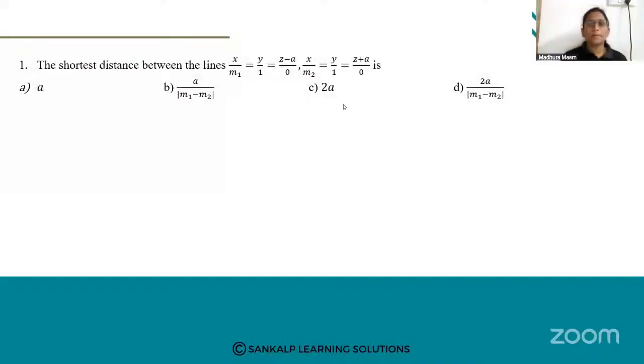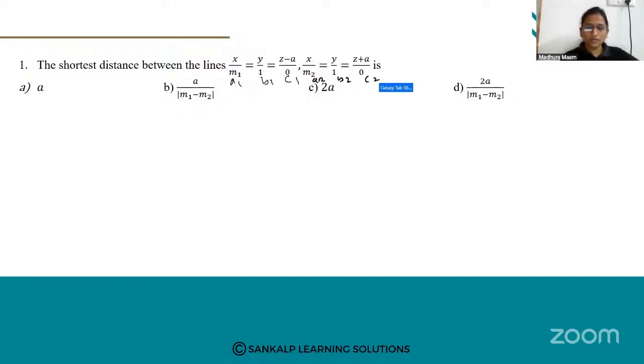Okay, because this is a very easy question: the shortest distance between the lines. So straight away the lines are x minus 0 by m1, y minus 0 by, z minus a by 0. So x1 becomes 0, y1 also becomes 0, z1 becomes a, and this is your a1 b1 c1, this is your a2 b2 c2.